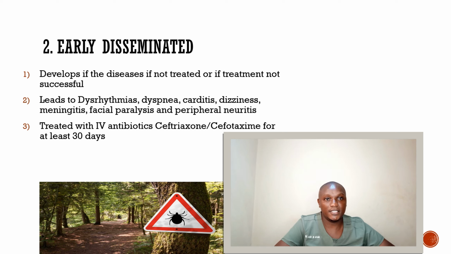Now at this stage, the treatment includes IV antibiotics. The antibiotics of choice here are ceftriaxone and cefotaxime. So it is important to note that at the early disseminated stage, we use IV antibiotics.